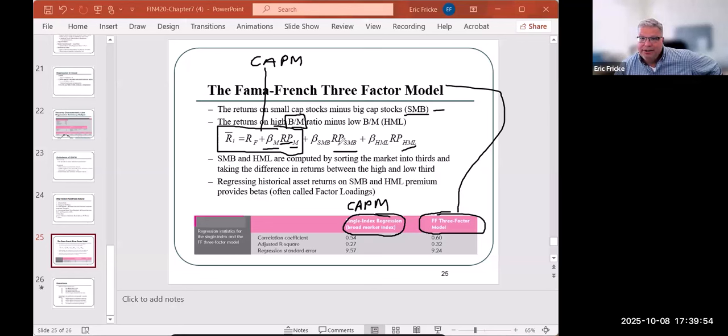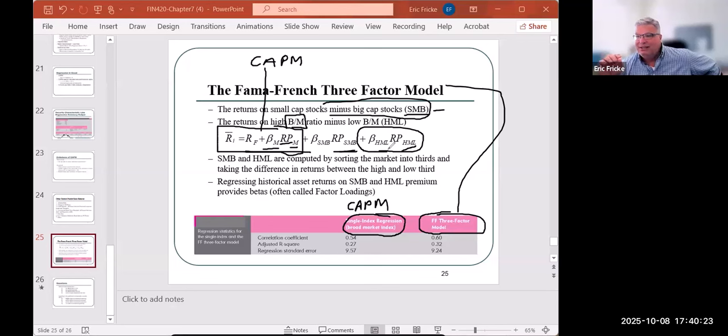So the three factors are: one, the market from CAPM; two, we call it the size factor, that's this SMB; and three, the book to market ratio, which is kind of like a growth factor, some ways to think about it. Because high PE stocks, high price earnings, or low book to market ratio stocks, we'll talk about this more later, they tend to be growth stocks.